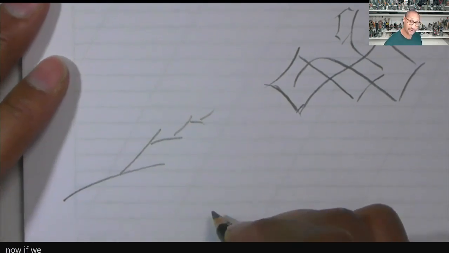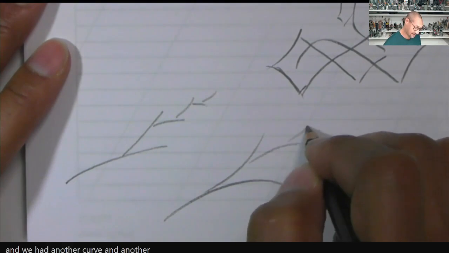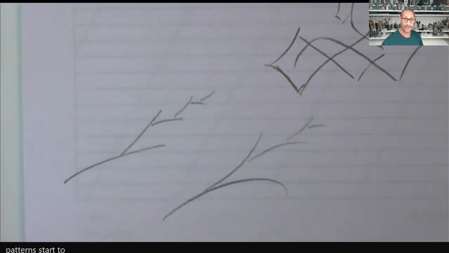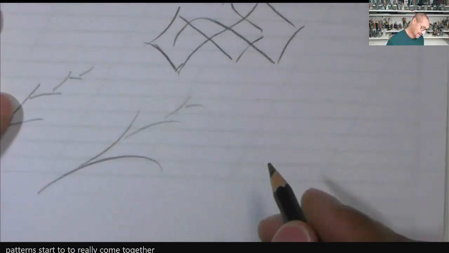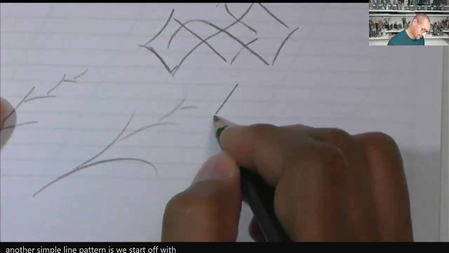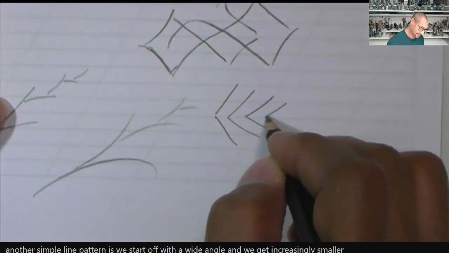Now, if we add a curve to it, and we add another curve, and another curve, and another curve, and another curve, you really start to see how those patterns start to really come together. Another simple line pattern is we start off with a wide angle, and we get increasingly smaller.